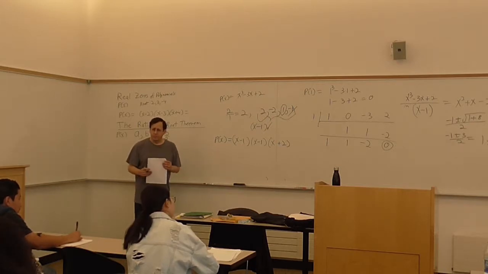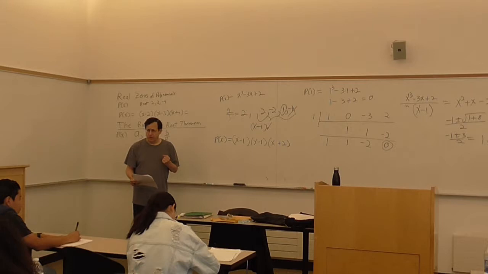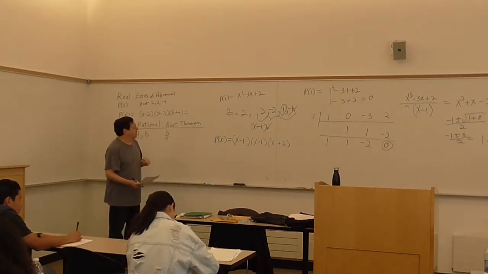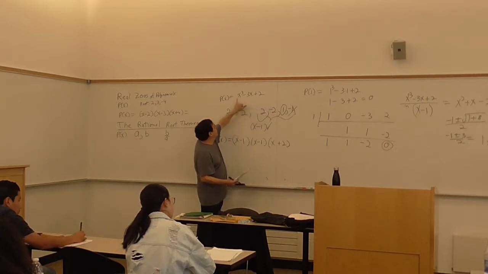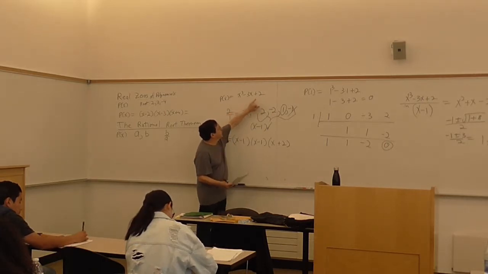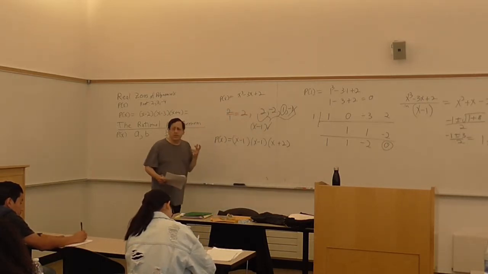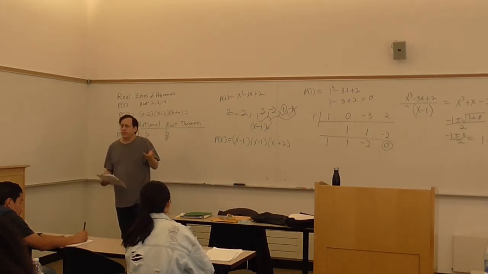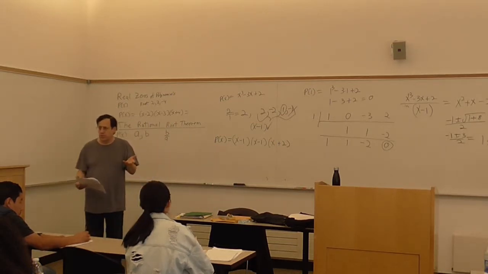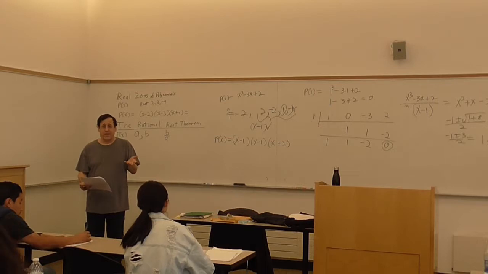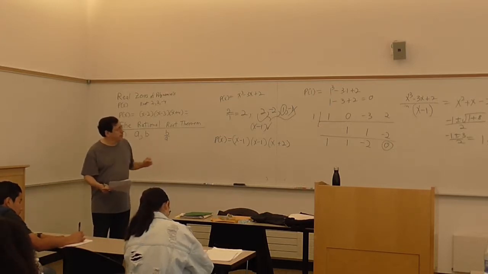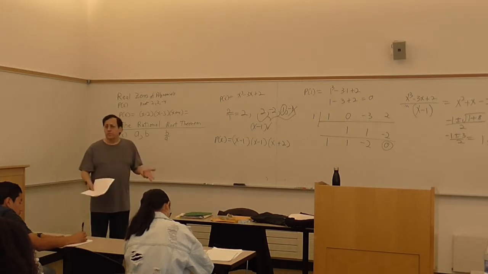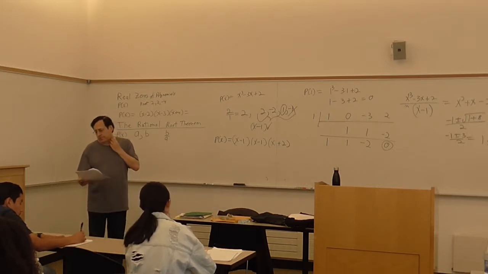Okay, so to summarize, I can look at my constant factor divided by the coefficient of the leading term. I can look at all the possible factors of that value, looking for rational roots. I can try some. If I find them, I can divide them out, and hopefully I can factor my polynomial that way.